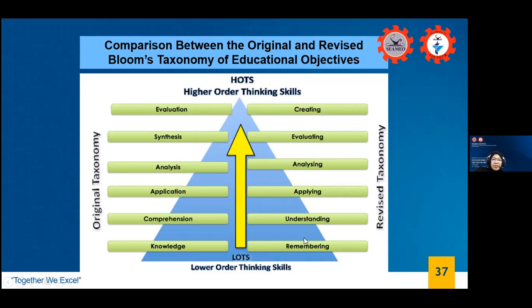Obviously, sometimes you cannot help but assess them at the lower level. But you are encouraged, because you're talking about competency, you are advised to also make use of the HOTS. You come up with test questions that would capture this level of the cognitive domain.